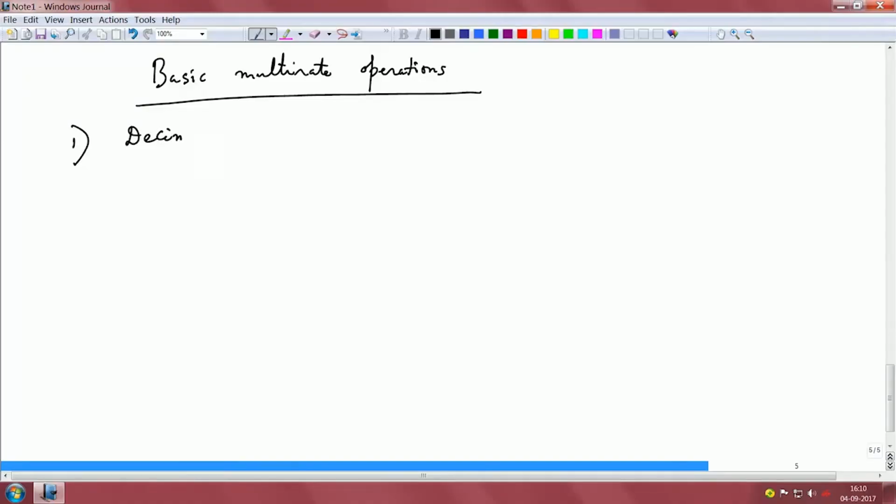Now, if you think about what possible operations are there, the first operation is decimation, which means I am downsampling or I am reducing the sampling rate, right.